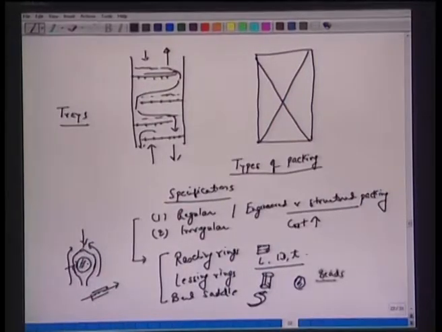The idea here is that all of these packings have certain meter square per cubic meter, so specific surface area, and that's the parameter which plays a major role in mass transfer. So when we say there is a flux of certain species which will diffuse from one phase to another, there is a moles per second per meter square.